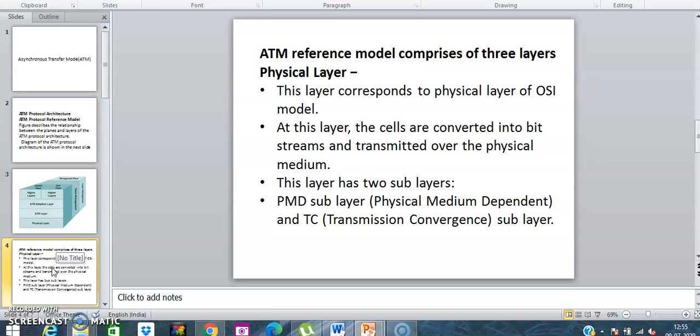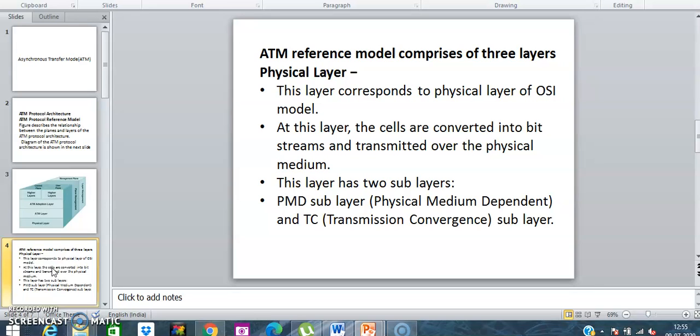It carries the ATM cells by converting them into bit streams. As we have studied earlier in the OSI model, what is the physical layer? All the data is converted in the form of bits. So at this layer, the cells are converted into bit streams and transmitted over the physical medium.